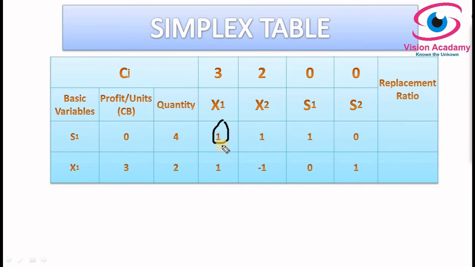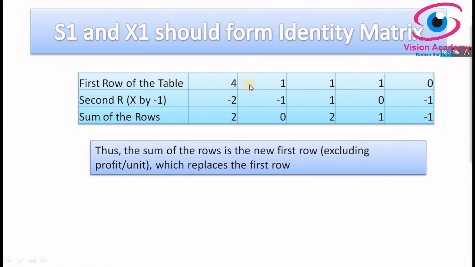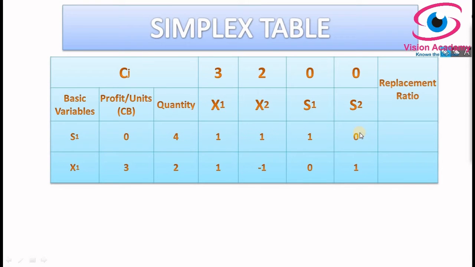For this we multiply the row of the key element by the negative of the same element, and add it to the first row. So when you subtract by this same element, it will become 0. After subtracting, you add it to the row. So the row operation would be like this. Here I have considered the first row as it is: 4 1 1 1 0. And here it is multiplied by -1, the negative of the key element.